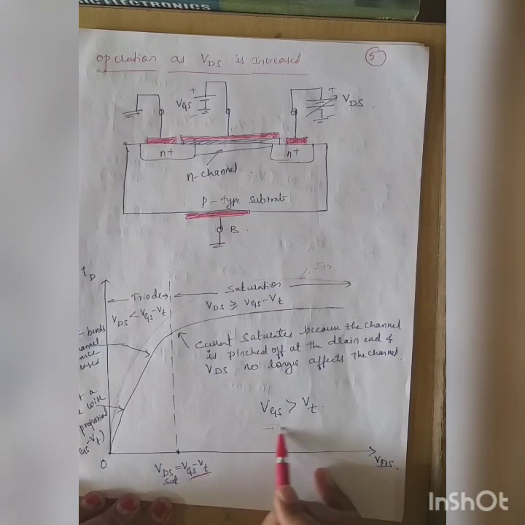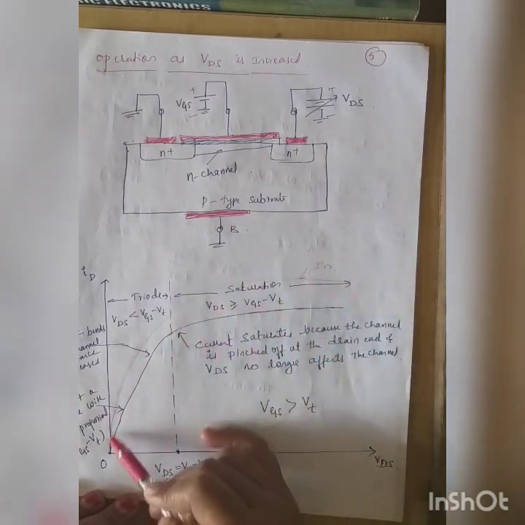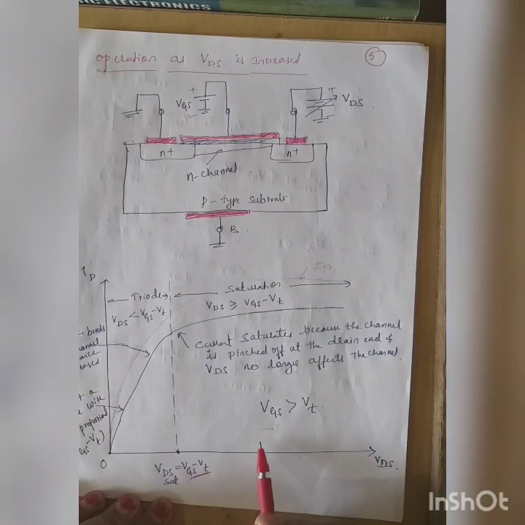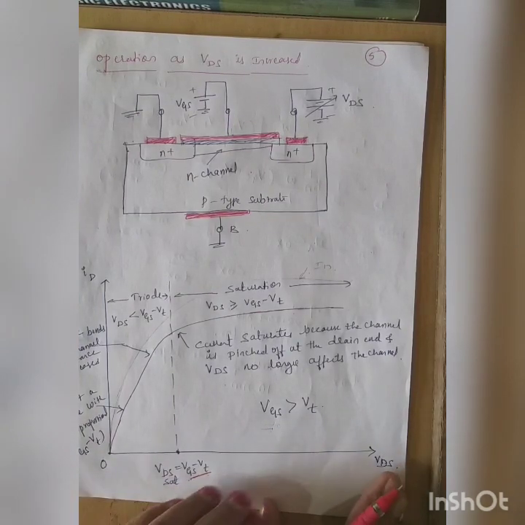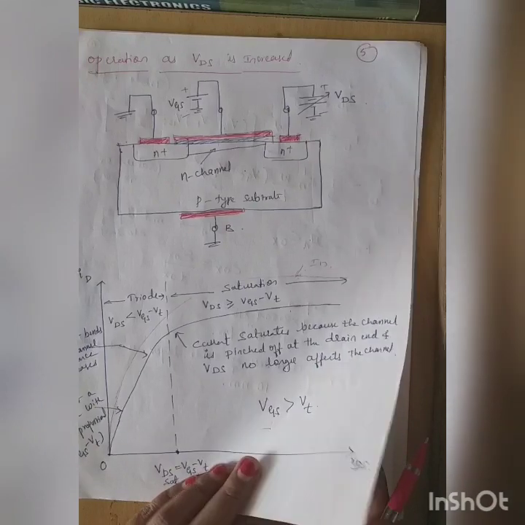You go on increasing VGS, your saturation value of ID is going to be higher and higher. So your output current, that is ID, depends on the value of VGS. Fine. So this is the explanation.